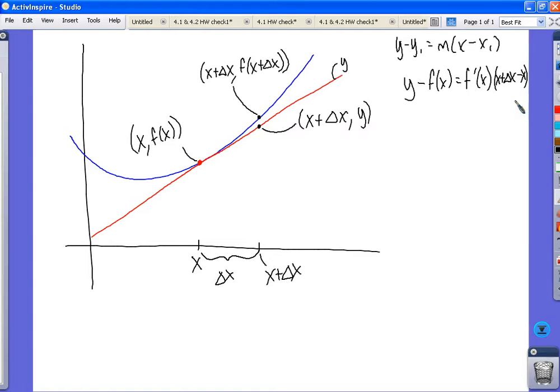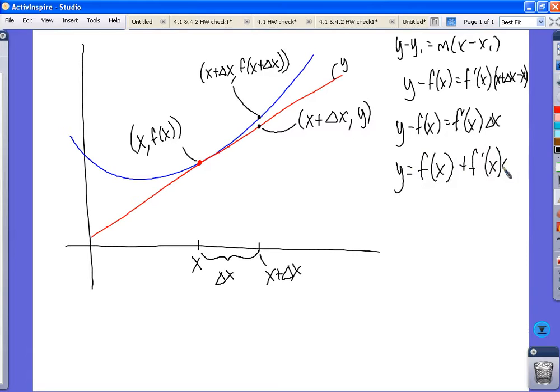The x's cancel and we get f prime of x times just delta x. So y minus f of x equals f prime of x times delta x. So f of x plus f prime of x delta x is going to give us this y value.